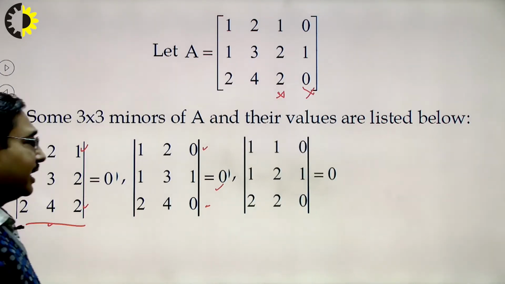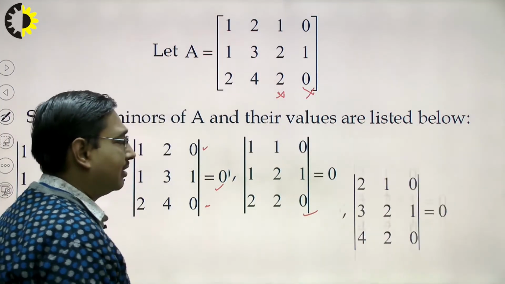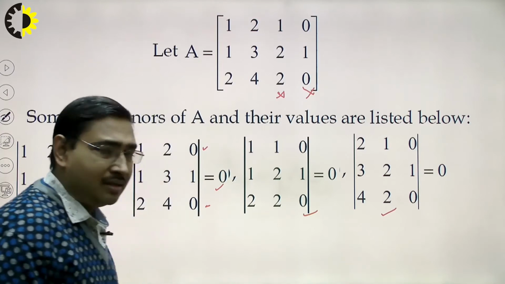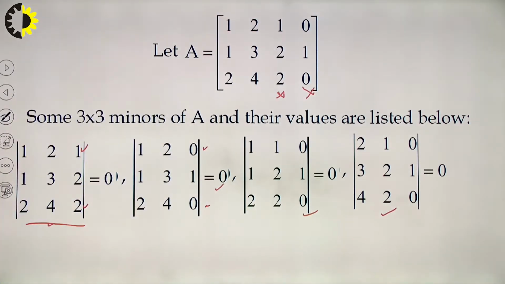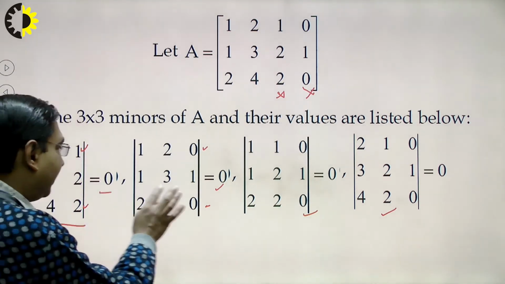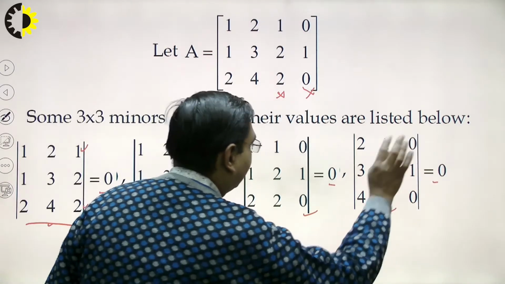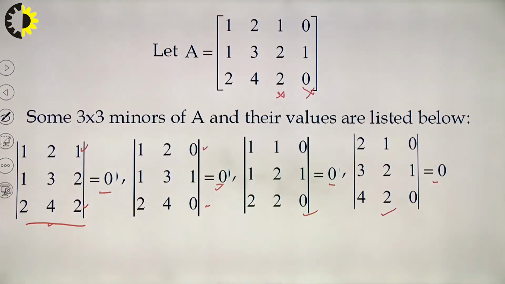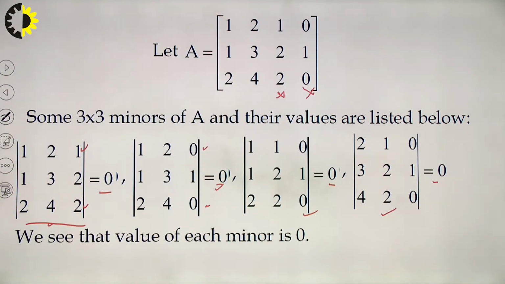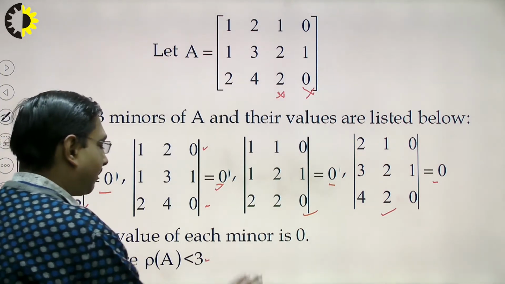Similarly, I can consider this minor and this minor. These are all possible minors of this matrix which are of order 3, and I observe that the value of each minor is 0. So the rank of this matrix is less than 3.